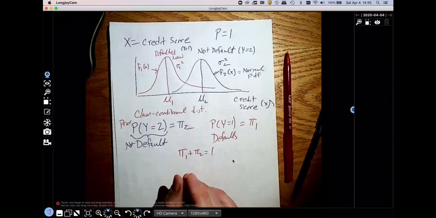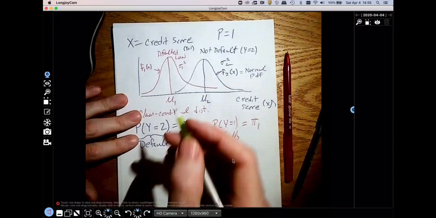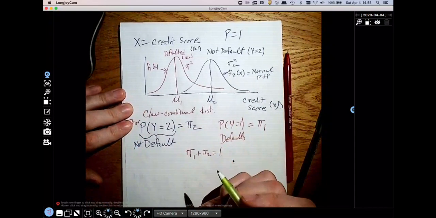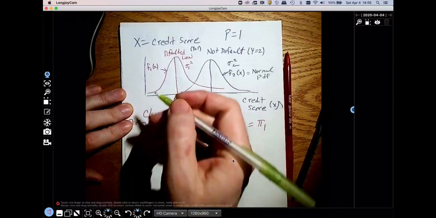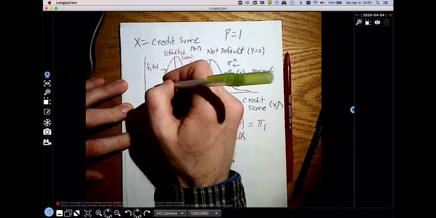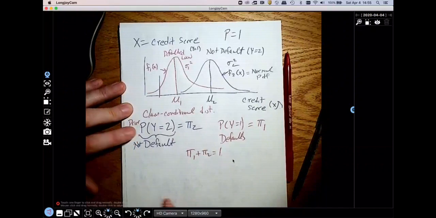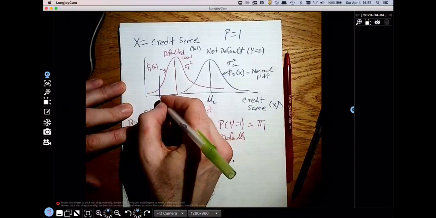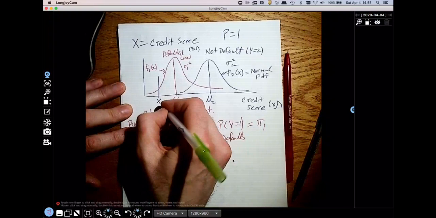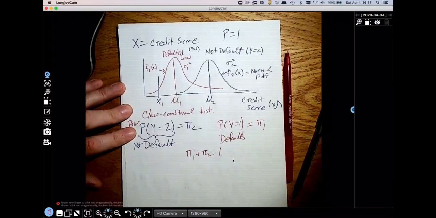Why don't I take a different color? We'll just go with black. You probably can't tell the difference between blue and black here, but that's okay. Let's say that I observe some person's credit score, and the credit score is this. Let's just call that x1.